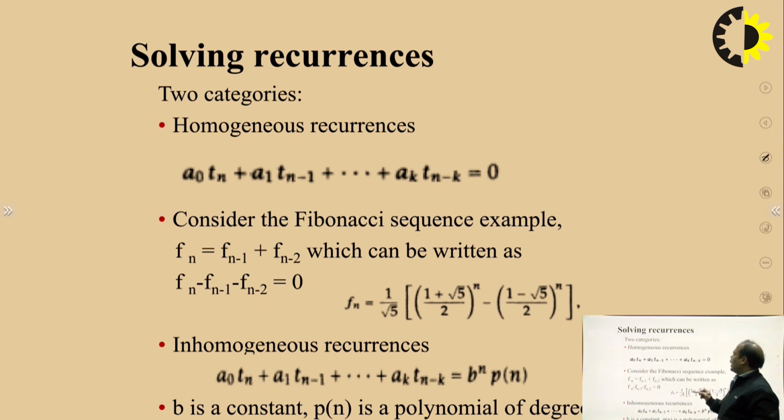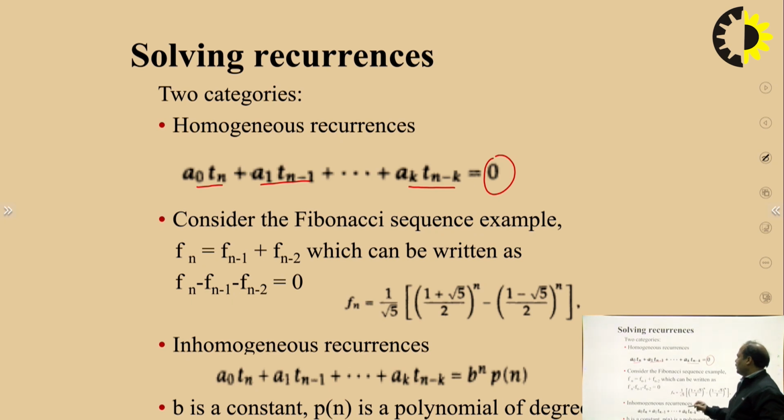Let's understand recurrences via the characteristic equation. We have two types of recurrences in this method: homogeneous recurrences and inhomogeneous recurrences. A homogeneous recurrence is of this form: a0 tn plus a1 tn minus 1 plus dot dot dot plus ak tn minus k equal to 0. That means the right hand side is equal to 0.